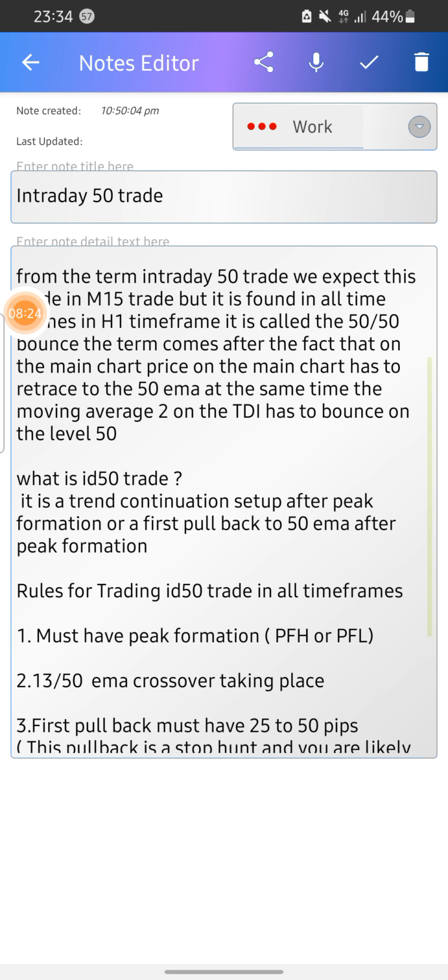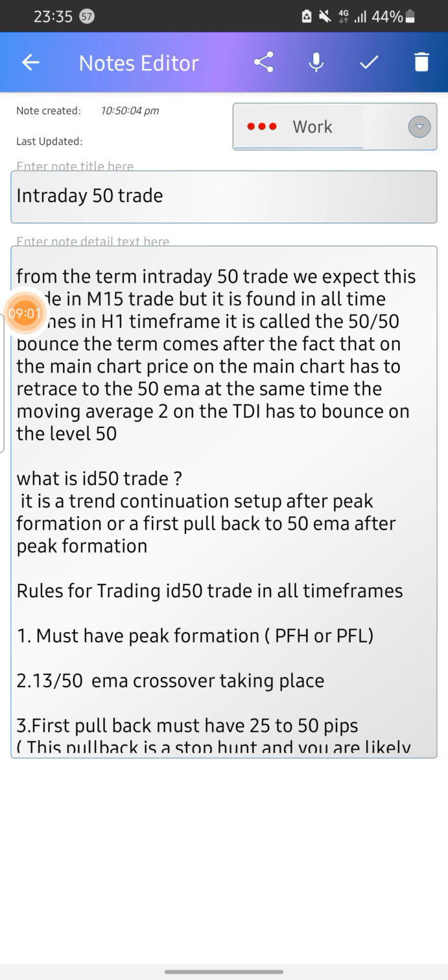Right, so there are rules that we take when trading the ID 50 trade, which I have already illustrated. So the rules are like this. We must have a peak formation as I have illustrated. Having our peak formation, there should be a 13 crossover taking place.